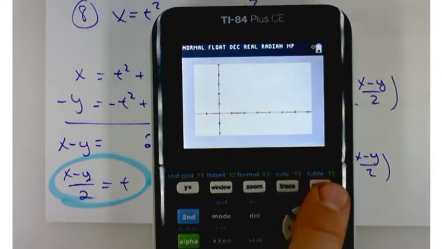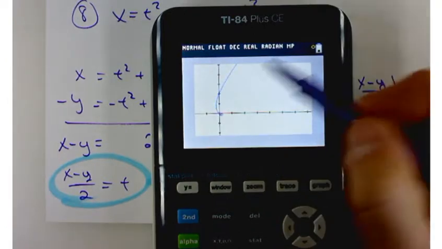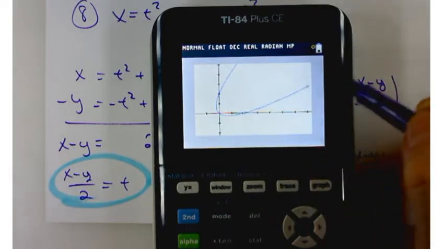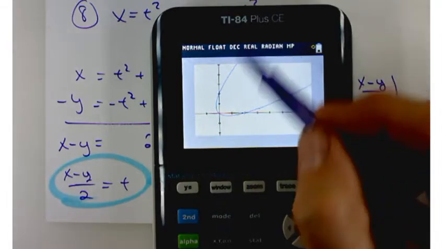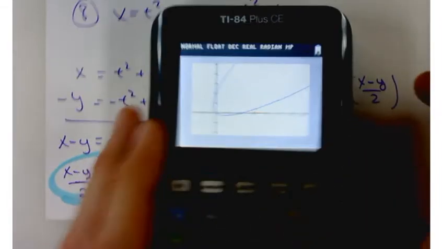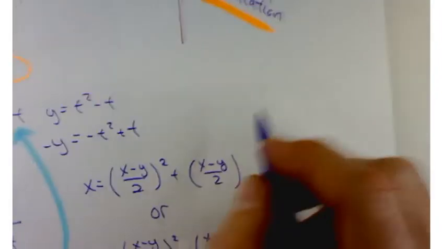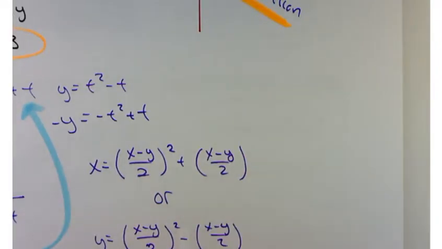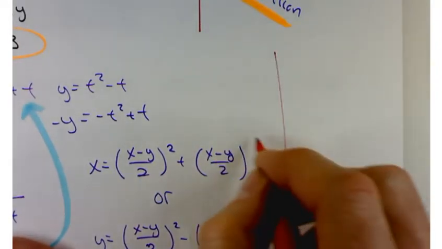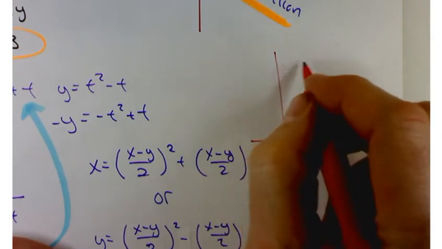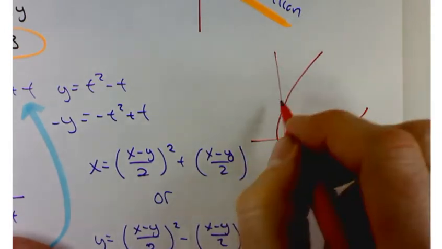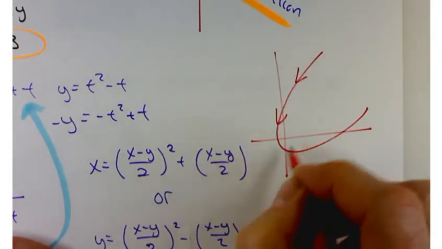And I'll hit the graph key, and it comes in this direction, goes out that direction. So that's its orientation, is the direction in which it was traced out. So the orientation is like this.